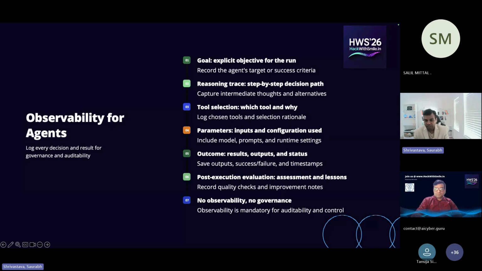If I'm using the payment gateway tool to do the payment transaction, I'm using Razorpay. A malicious actor should not use some Bitcoin transaction, right? So you need to have the rationale there, and say that cryptocurrency transfer cannot happen, and that is the most common way of fraud. So similarly there is a full list: you audit your output, input, and post-execution evaluation, and you must have the observability. No observability means no governance, and the system will go sideways and you will not know.